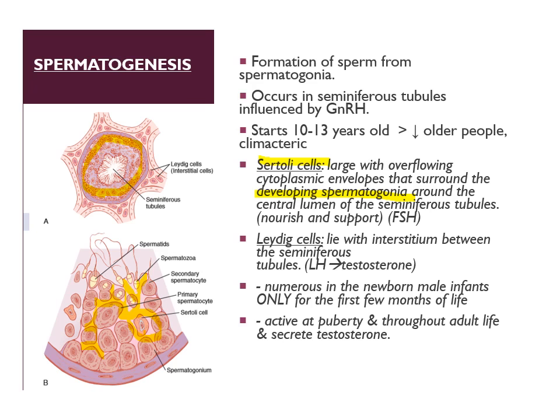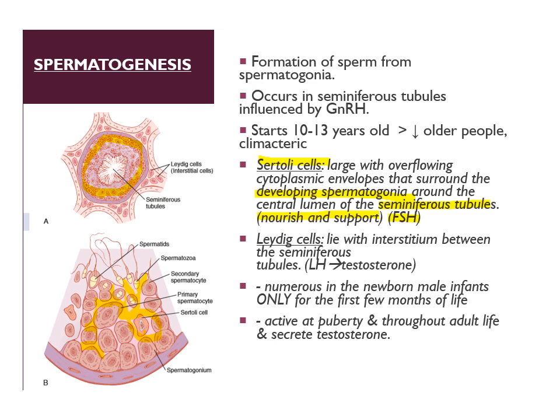So these cells actually are present in the lumen of the seminiferous tubule, and they provide nourishment and support for the developing spermatogonia. These actually start working under the influence of the follicle stimulating hormone of the anterior pituitary gland.